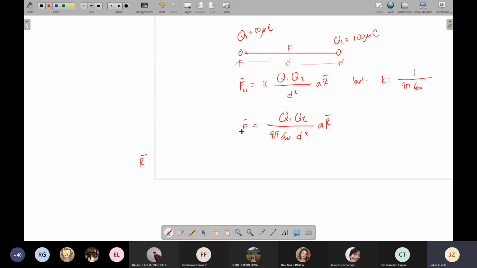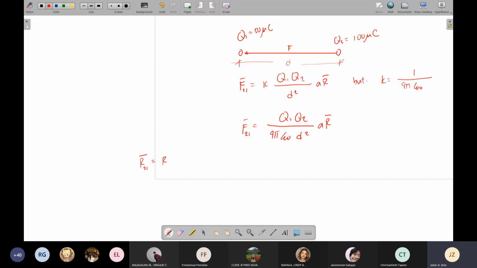Now, since we have clearly pointed out the direction for the force, it will also follow ang iyahang vector distance. Again, it's called vector distance because it doesn't have only magnitude, but it also has a direction. Therefore, ang vector distance would be from 2 to 1. Now, recall, very familiar ni, parehas na itong example before. To solve for the vector from 2 to 1, baliha lang na, no?